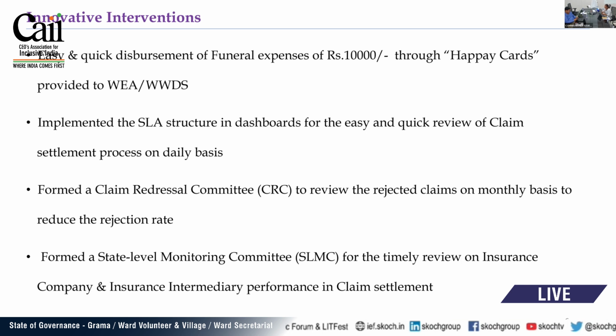Also, we have formed a claim redressal committee. The main purpose of this committee is to review the rejected, ambiguous, and all other claims that need approval. The CRC committee meeting is held on a monthly basis, and each month they review the rejected claims.